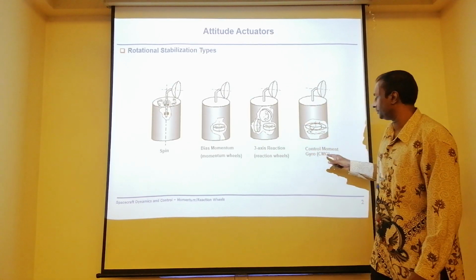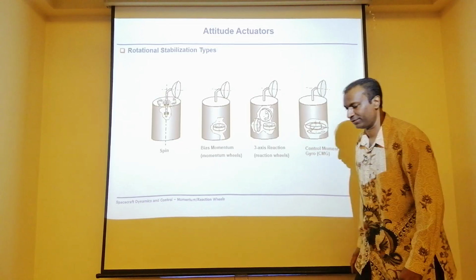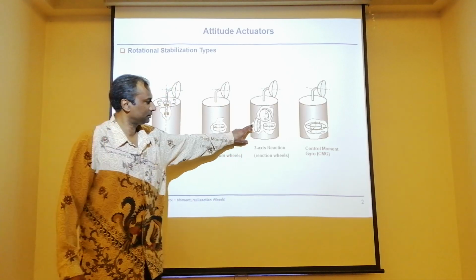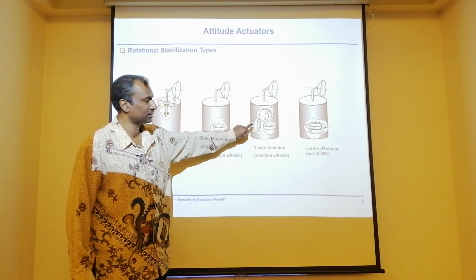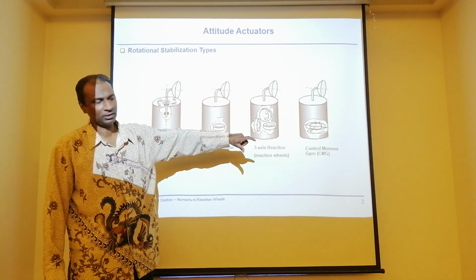Okay? Another wheel type is the control moment gyro. Now, the reaction wheel is fixed. That means fixed in roll, yaw, and pitch.